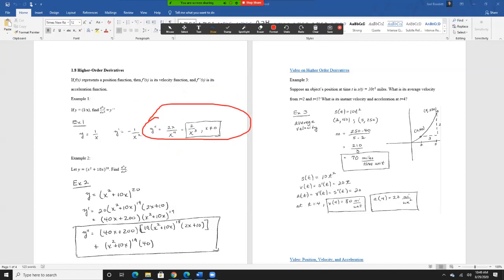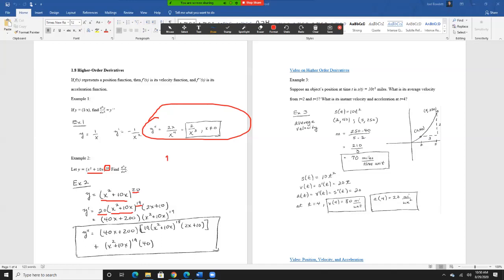Well, example number 2 is a little more complicated, because we have a function raised to a power, and that means chain rule. So let's do the chain rule here to find the first derivative. Well, we have y is equal to u to the power of n. Chain rule says that that would be n times u to the power of n minus 1, but we have to go back and take the derivative of u.